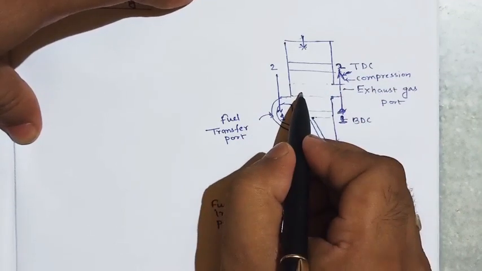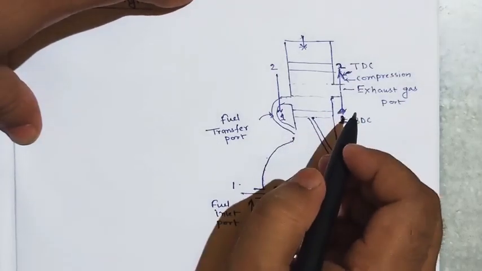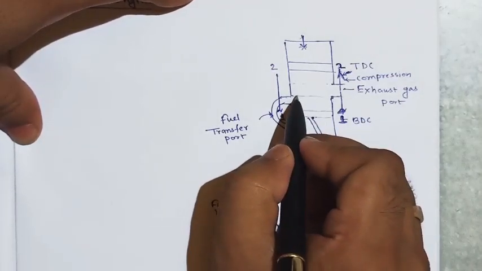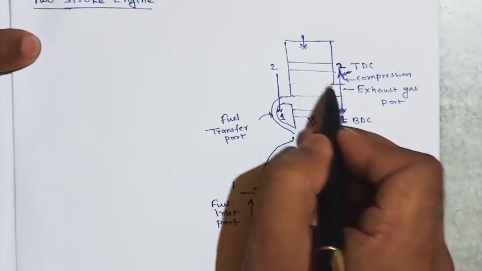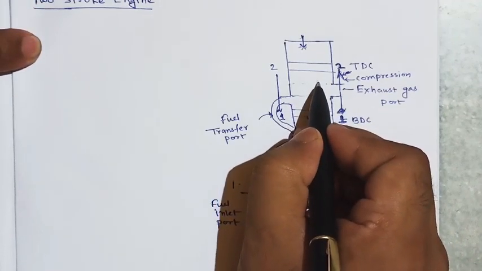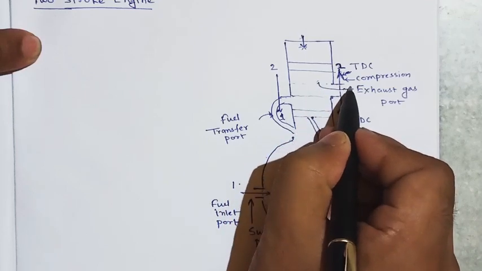When the piston goes over this line, this port will clear and automatically the gas will exit through this line.